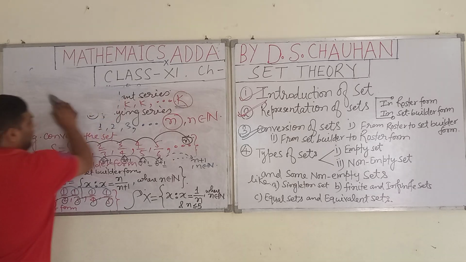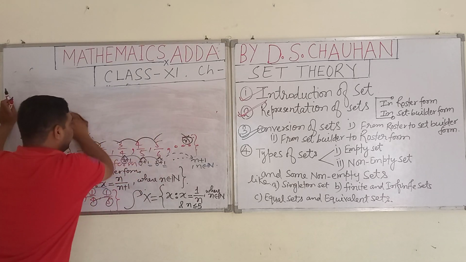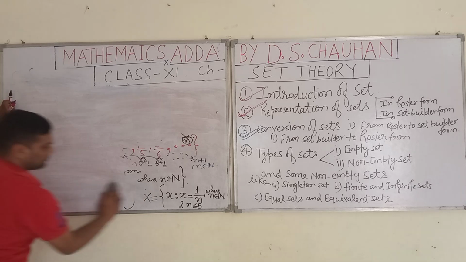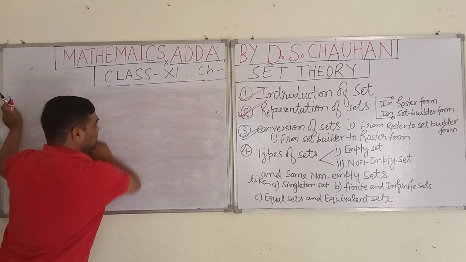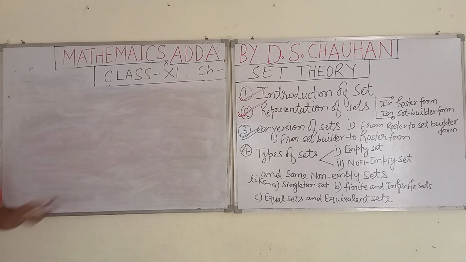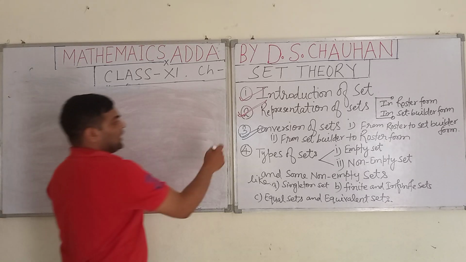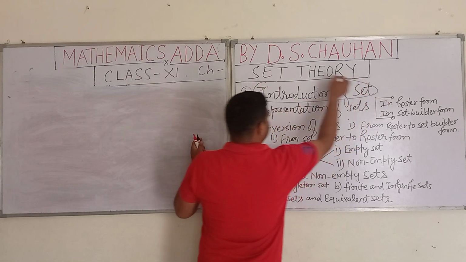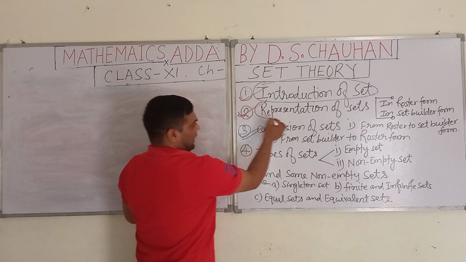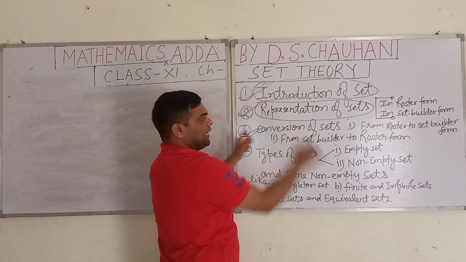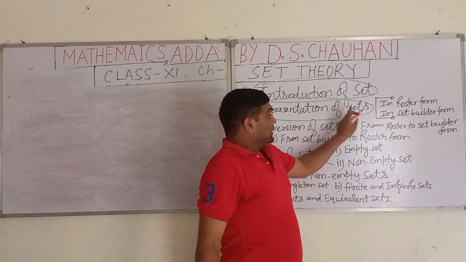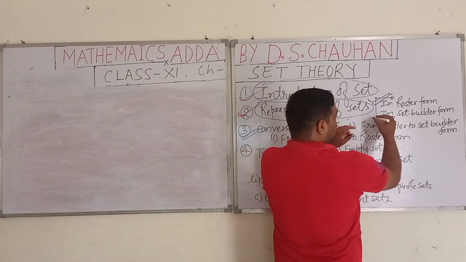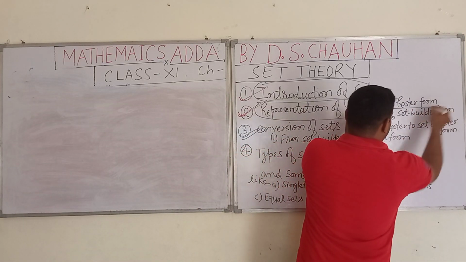And students, I want to tell you what I have described just now in this lecture. Try to understand, students. In this lecture I have described the introduction of sets in detail. Then I told you about the representation of sets. In the representation of sets, I told you that a set can be represented in two types, in roster form and in set builder form.